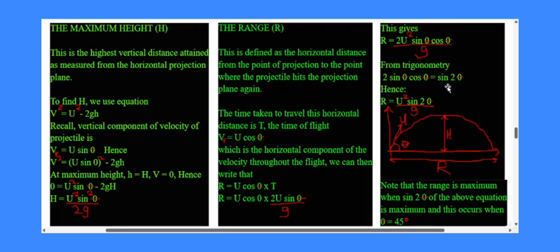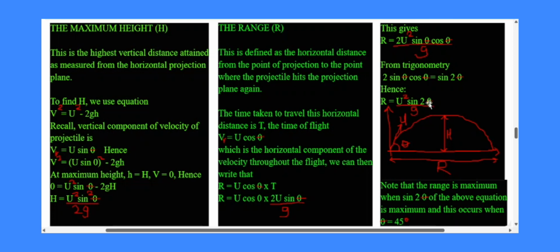So I can just rearrange this equation and write that R is equal to u squared, and I'm left with 2 sine theta cos theta, which from trig is sine 2 theta, all divided by g. So our R is equal to u squared sine 2 theta, all divided by g.